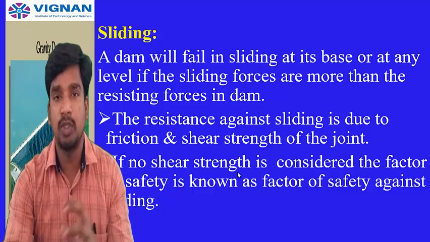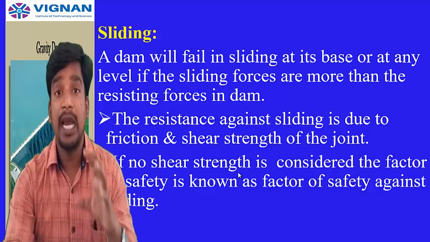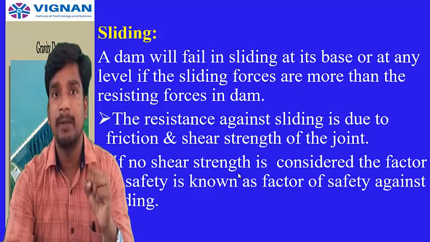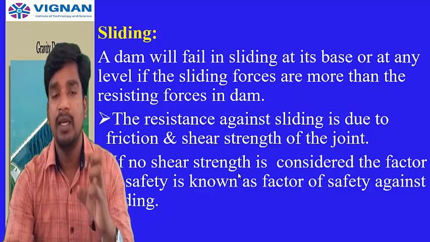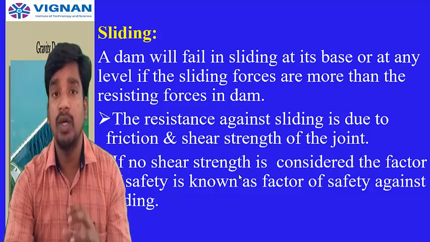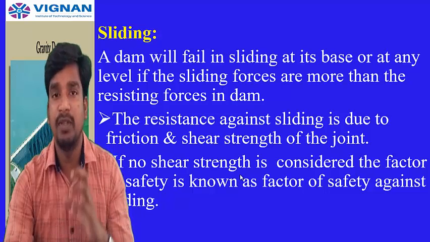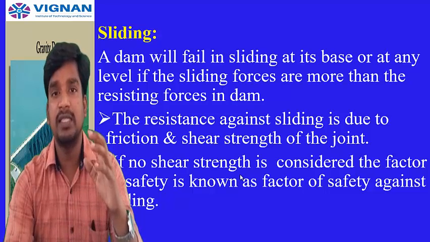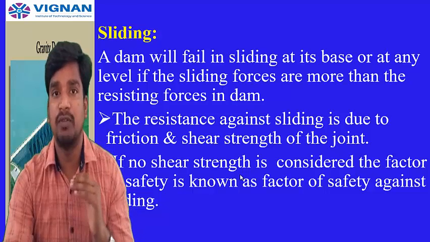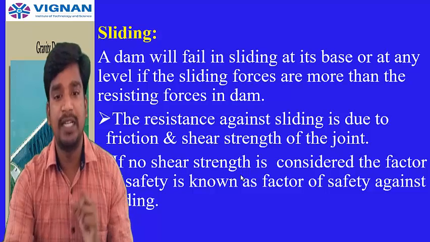There should not be any leaky joints or fissures, and there should be cohesiveness. There should be cohesion between the foundation soil and the foundation, and there must also exist sufficient friction between the soil of the foundation and the base of the dam. Then only can we avoid sliding of the dam.